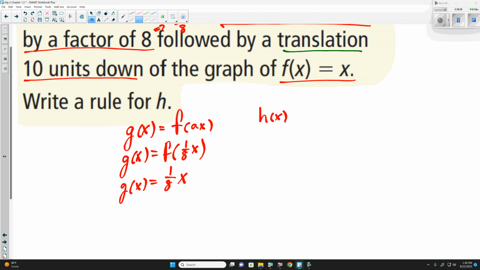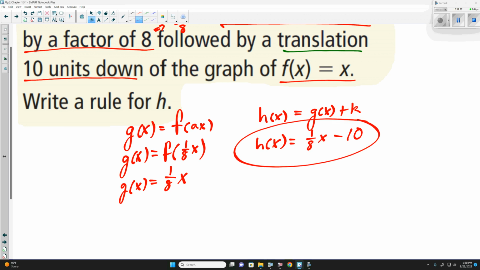Now the other part of this is translated 10 units down. Yeah, g of x plus k, and I think as y'all are jumping to, our k would be negative 10, and what's g of x? That's it.